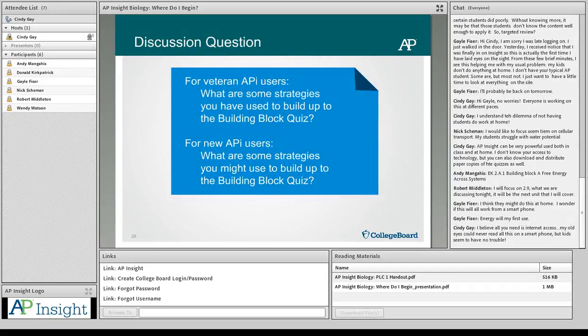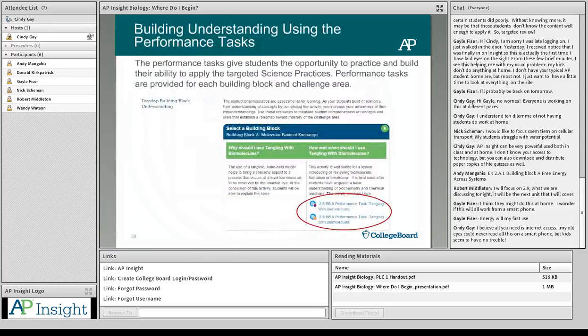And so we've talked a little bit about some strategies already that we might use to build up to a building block quiz, and thinking about how we might go forward with that. Okay, but we also need to think about not only where we want our students to go, but also how we might get our students there, and the learning opportunities that we can provide to students, making sure that our teaching aligns with the framework and assessments, and providing students enough opportunity to build content, knowledge, and skills.